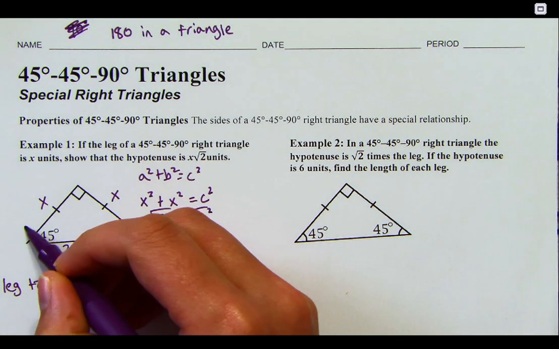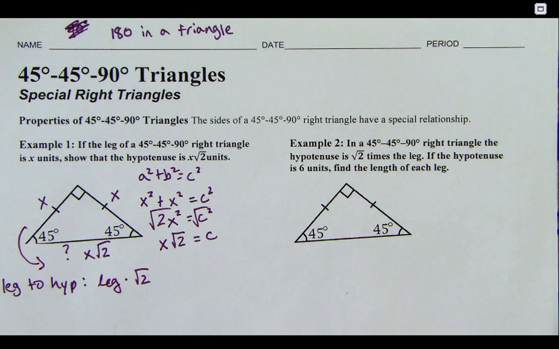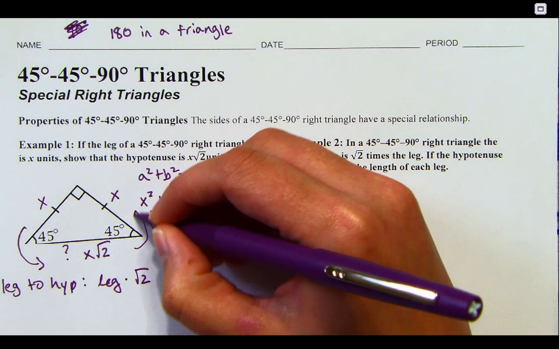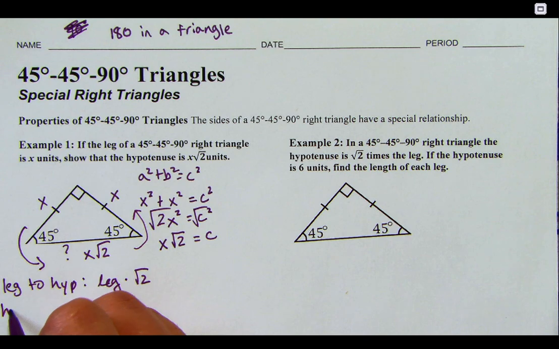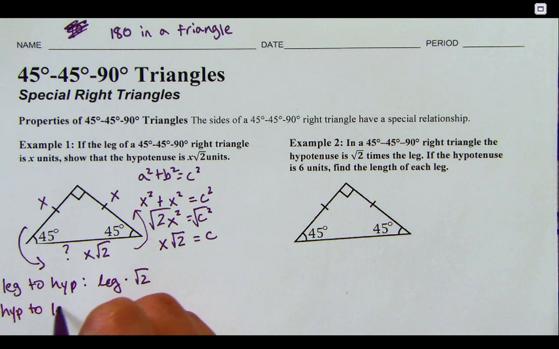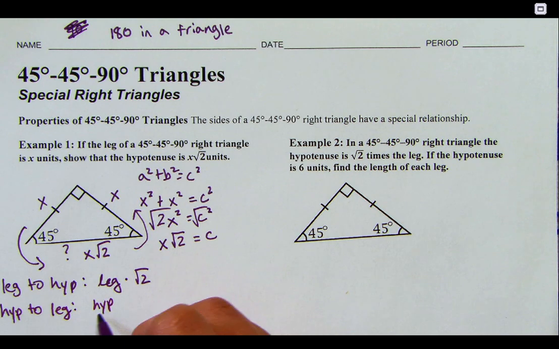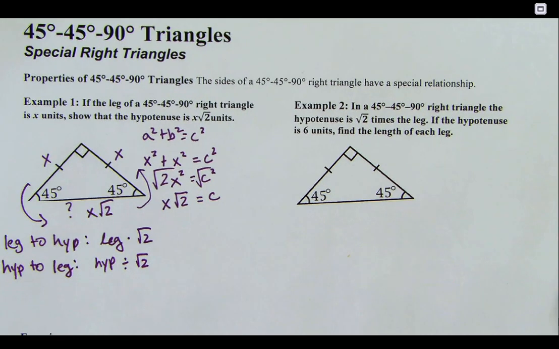Now, if we start with the hypotenuse and want to figure out the leg, going hypotenuse to leg, we take the hypotenuse and divide it by the square root of 2, which means we might have to rationalize depending on what we are starting with.